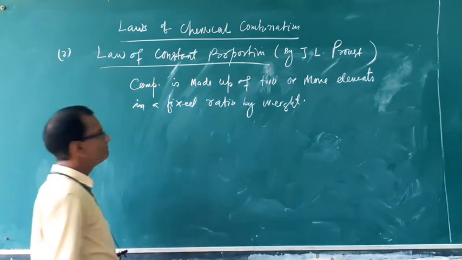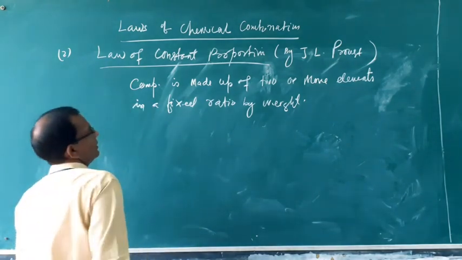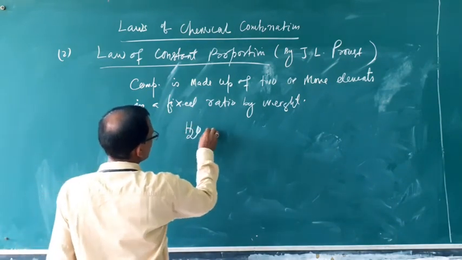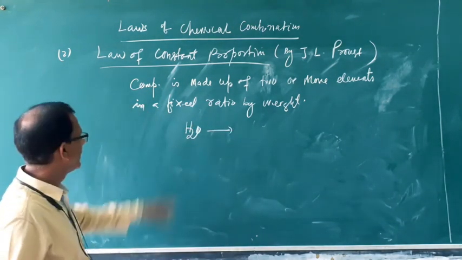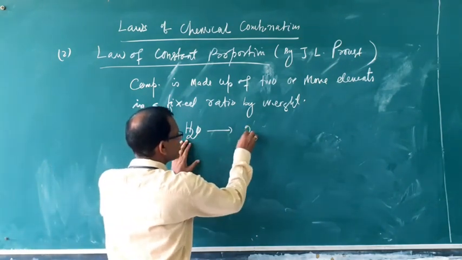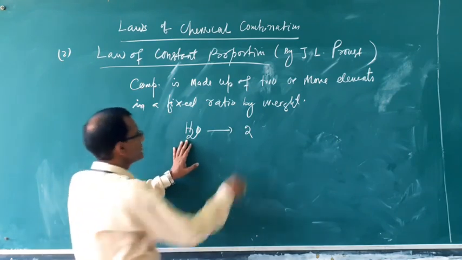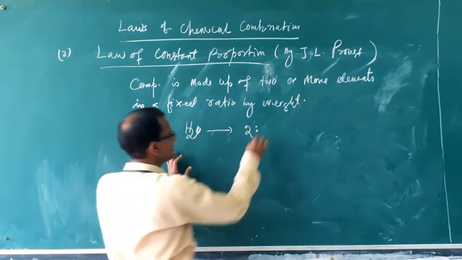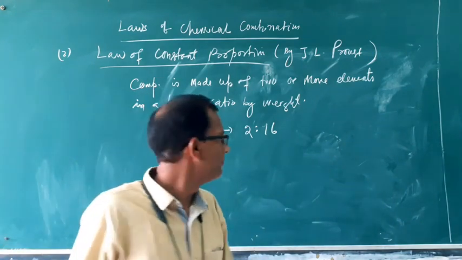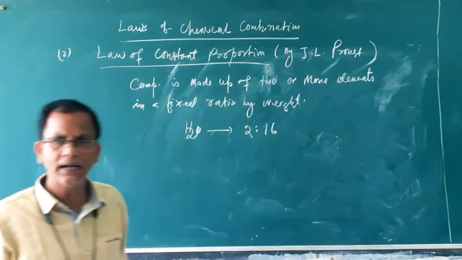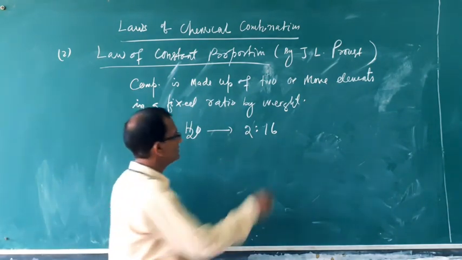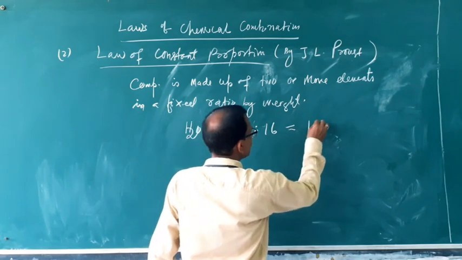For example, water, H2O. The mass of hydrogen is taken as 2 for 2 hydrogens, and 1 oxygen mass is taken as 16. The relative mass of oxygen is 16 and for 2 hydrogens is 2, so the ratio is 1 to 8.